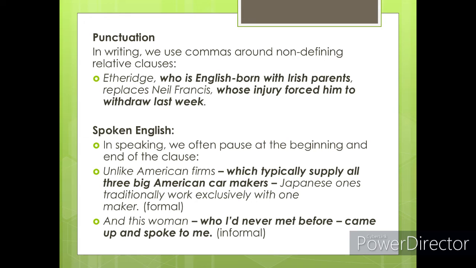For example, unlike American firms, which typically supply to three big American car makers, Japanese ones traditionally work exclusively with one maker. That's formal, and the informal is: and this woman, who I'd never met before, came up and spoke to me.